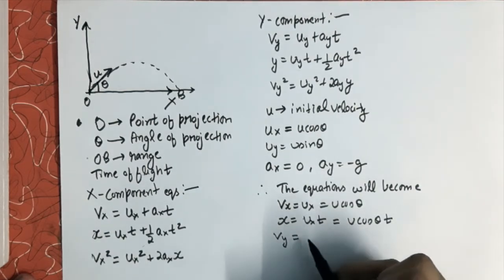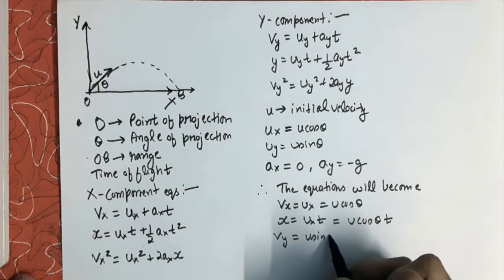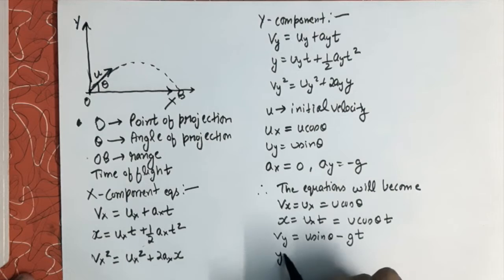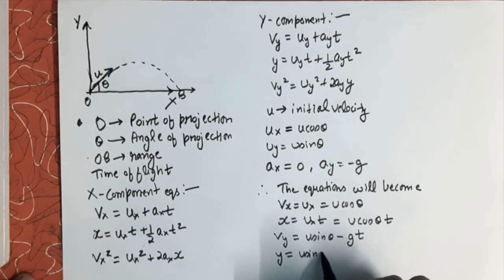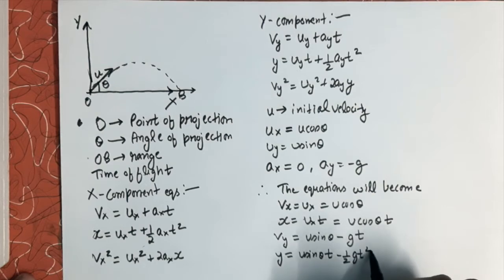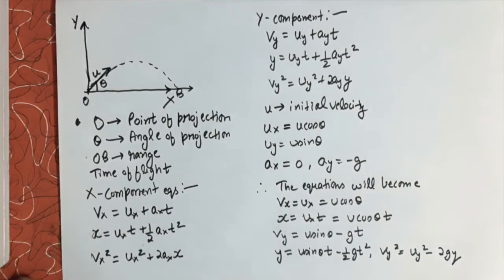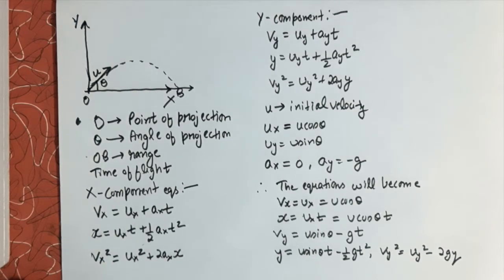Vy will be u sin theta minus gt. Y will be u sin theta into t minus half gt square, and Vy square will be uy square minus 2 gy. So these are our equations of motion in two dimensions in projectile motion.